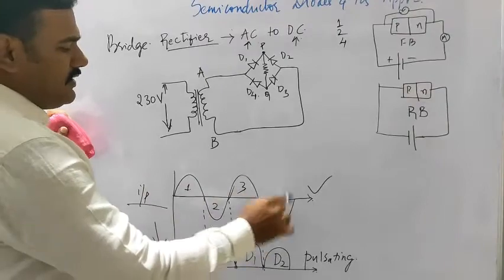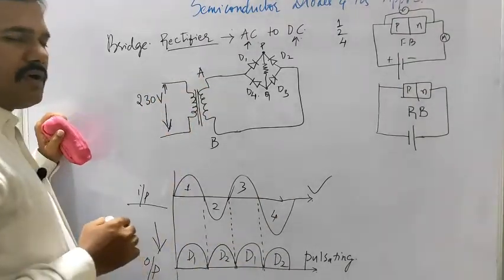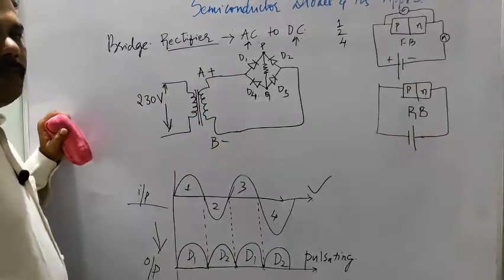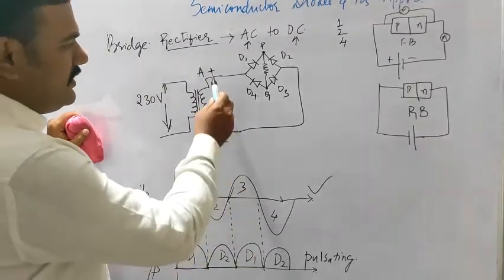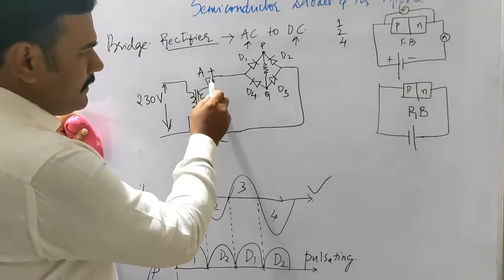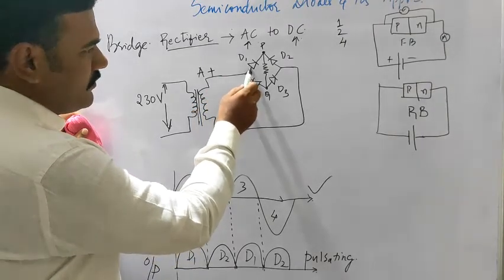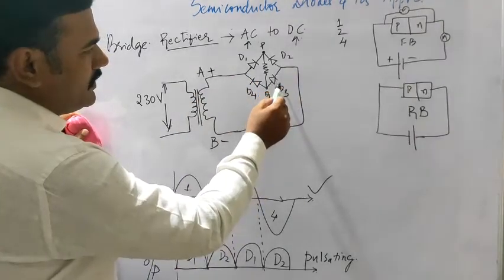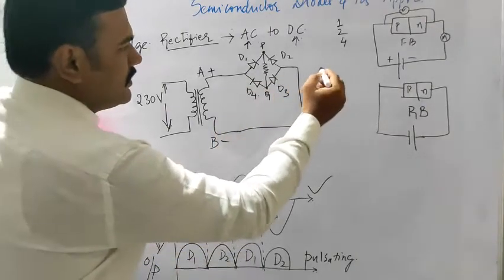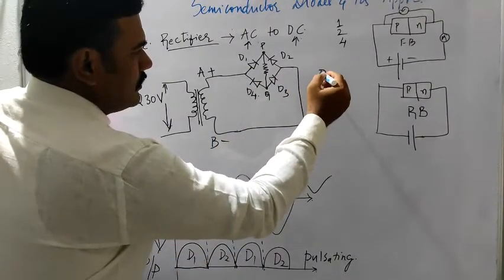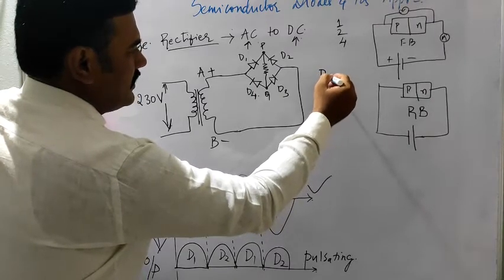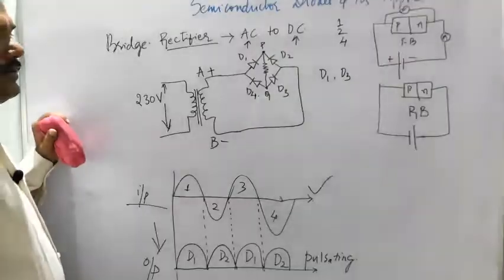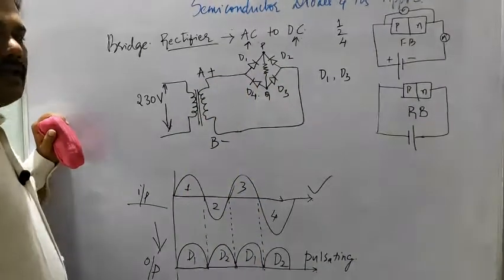Input is AC. When the first positive half cycle comes across the secondary, terminal A becomes positive and terminal B becomes negative. When A is positive, positive is connected to positive, so diode D1 is forward biased, and negative is connected to negative, so diode D3 is forward biased. So when the first half cycle comes across the secondary, diodes D1 and D3 become forward biased, but D2 and D4 become reverse biased.